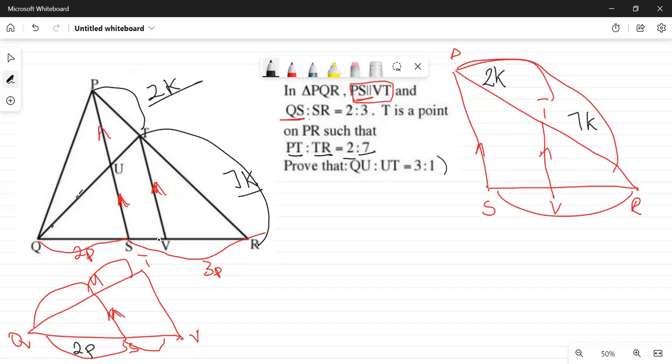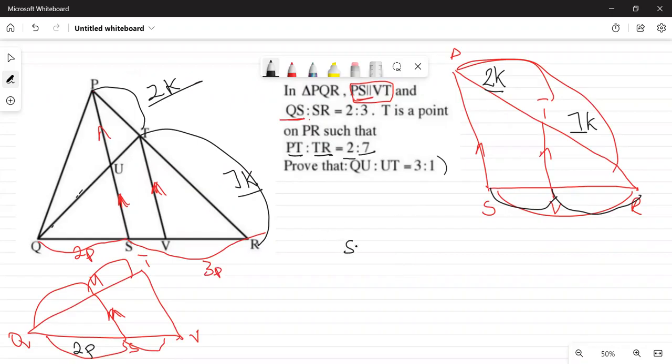Let's go to get things that we can get from the proportionality theorem. What are the things that you can get from the proportionality theorem? You can get that SV to VR can be written as 2:7. So we're going to write that because we're getting it from the proportionality theorem.